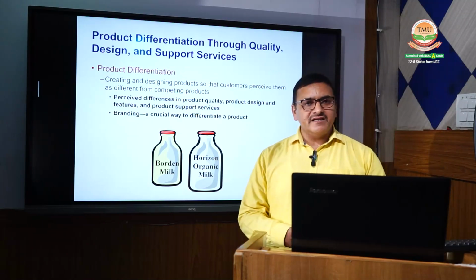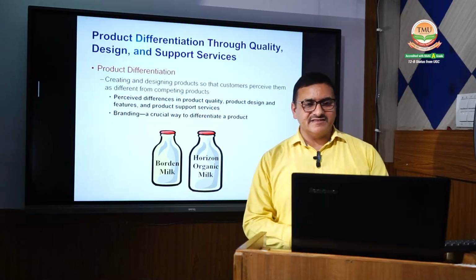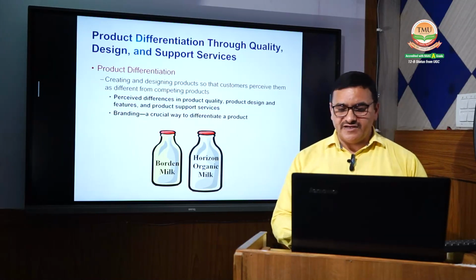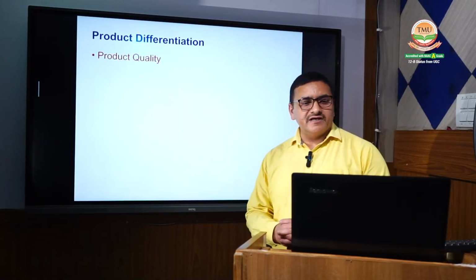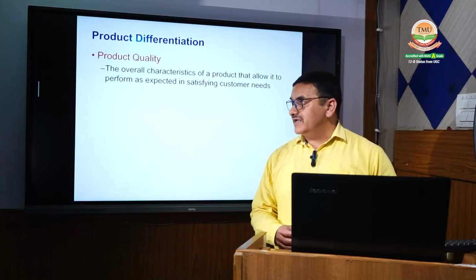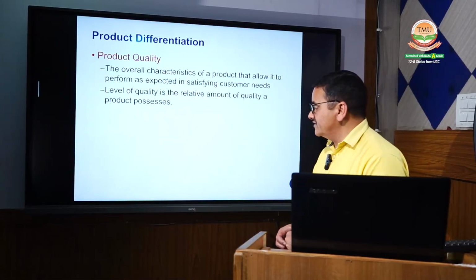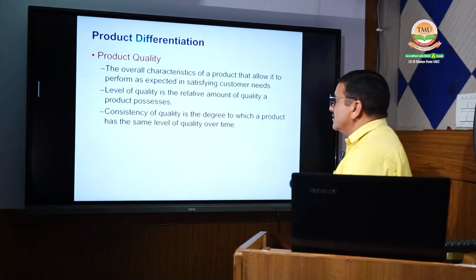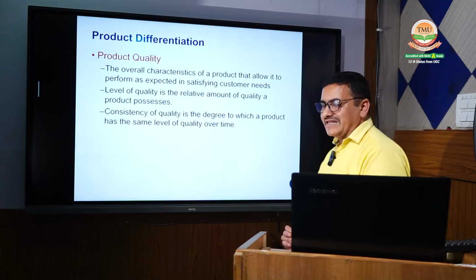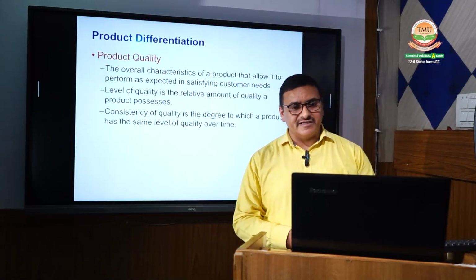Similarly, branding sometimes also creates a differentiation among products and services, as it is a crucial way to differentiate a product from its competitor. Similarly, we can also go for product differentiation in terms of product quality, or what type of product quality the organization is providing with reference to products as well as services, which includes the overall characteristics of a product that allow it to perform as expected in satisfying customer needs.